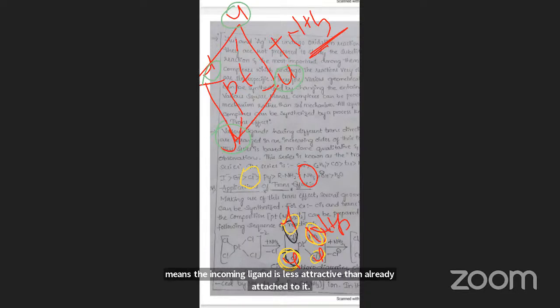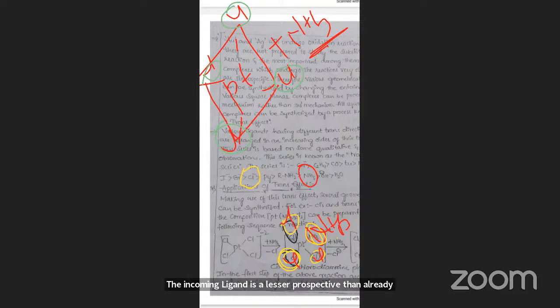So the second incoming ammonia first finds the suitable or labile position. Its trans effect is less. So the incoming ligand finds there are 3 positions. Ammonia has already come in. How many positions are there? 3 positions. This is one position. Just wait.